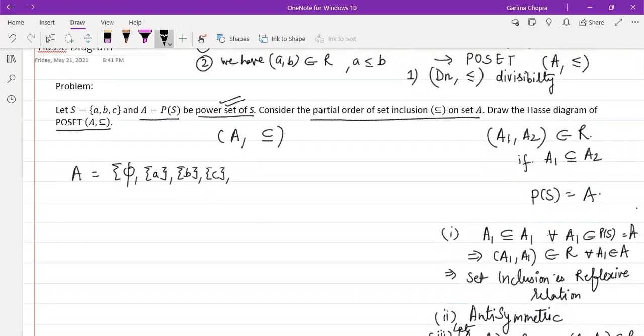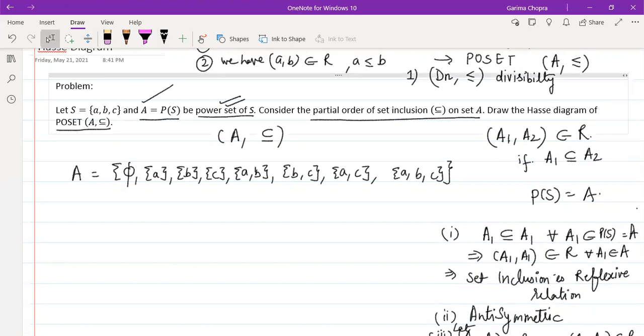Let us consider all subsets having 2 elements: {A, B}, {B, C}, and we have one more case, this. And the last element of this power set of S will be the set S itself. So this is the power set of set S, which we have named here as A.